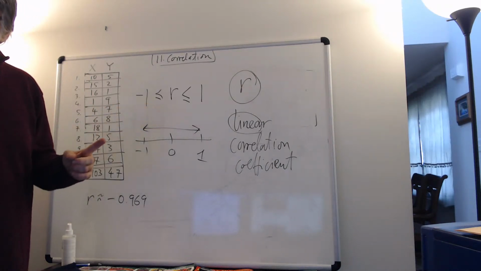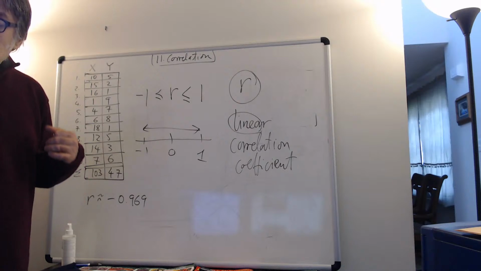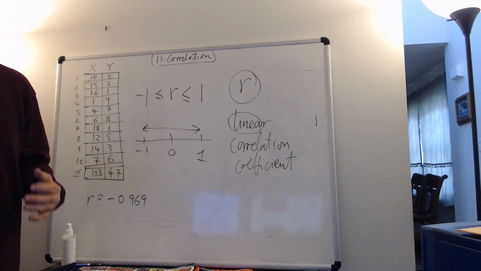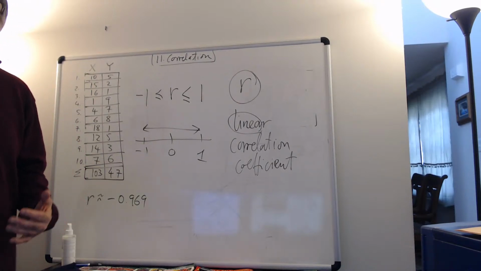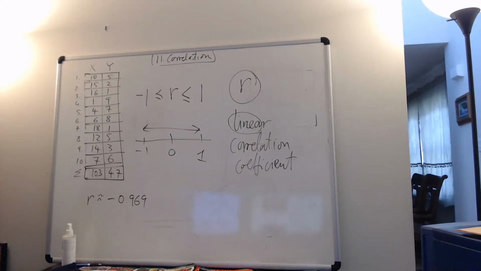Number two thing for you to remember is that it does not mean causation. It only means correlation. So when you see this for police officer duty, that only means that X and Y, the police officers on duty and the number of muggings, are related.